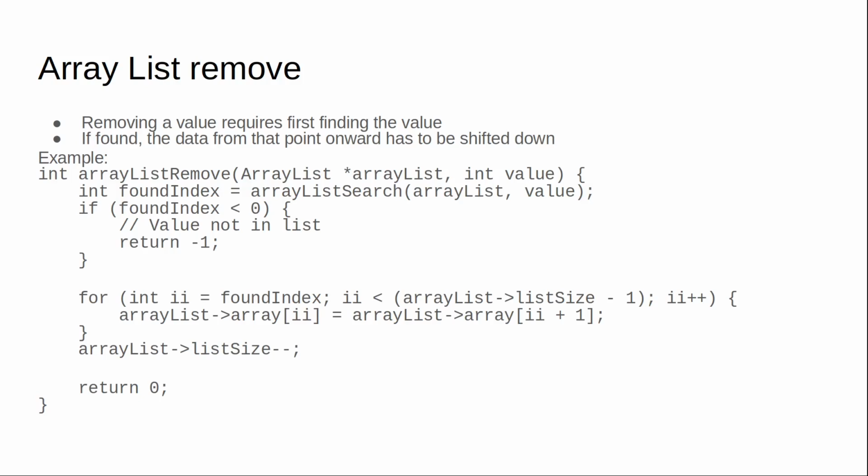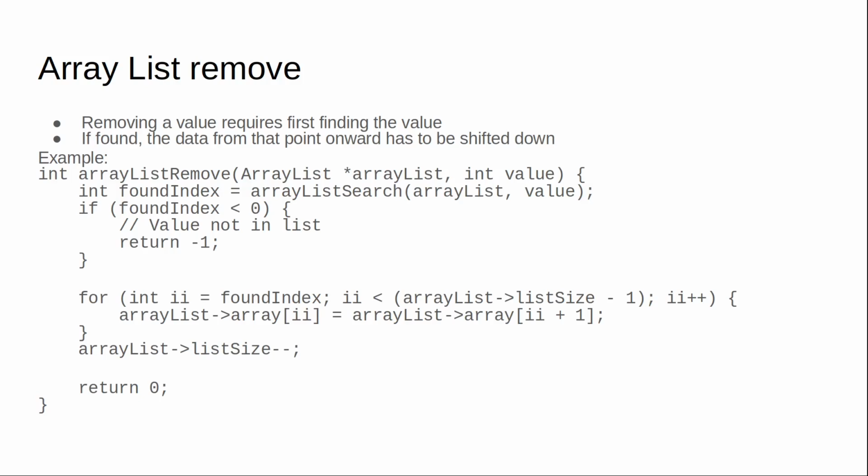So I don't have to check for array list being a null pointer again in this function. The array list search has already done that for me. So this is an example of code reuse. It also makes this code simpler and shorter and easier to maintain. So I'm going to call my search, look for the value. If I don't find it, I'm done. I just return -1 back to the caller to indicate I couldn't do it.